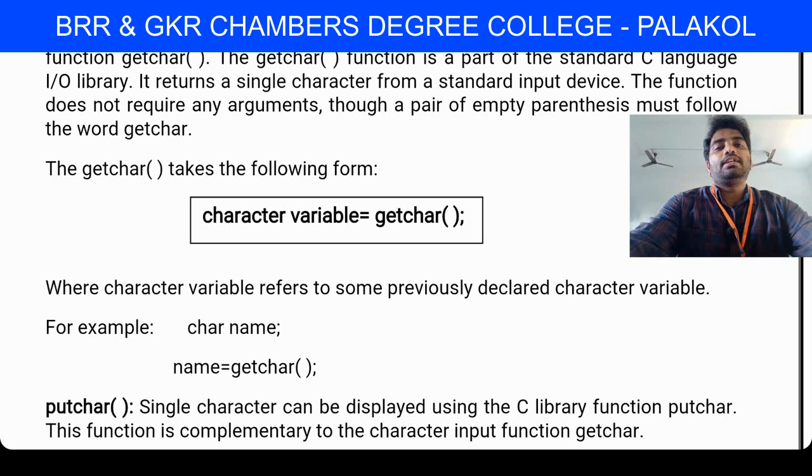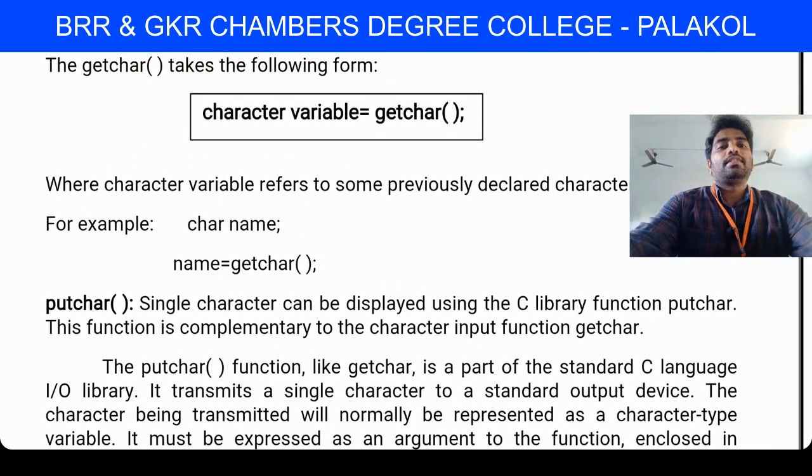Next one, putchar. A single character can be displayed, meaning printed, using the C library function putchar. This function is the complement of the character input function getchar. The putchar function, like getchar, is part of the standard C language I/O library.